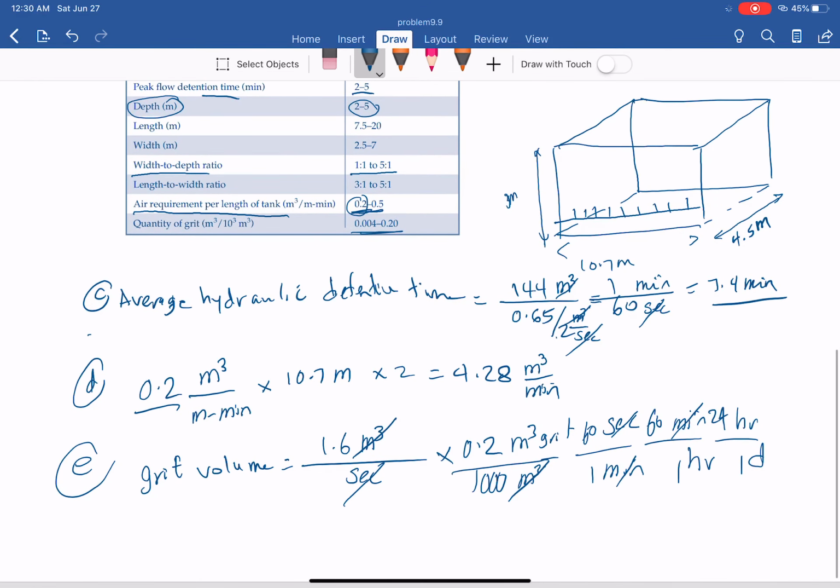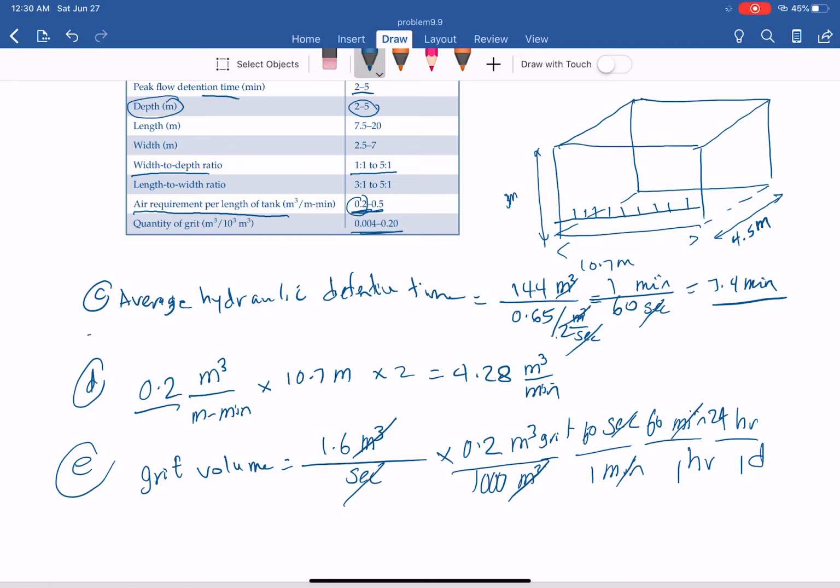So 1.6 times 0.2 over 1,000, times 60 times 60 times 24 over 1,000.